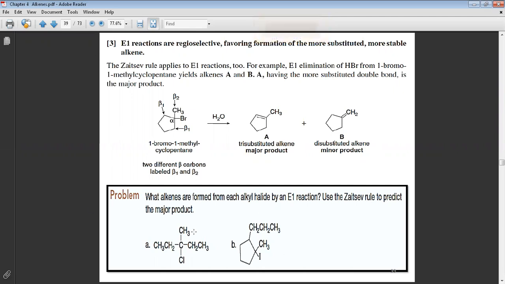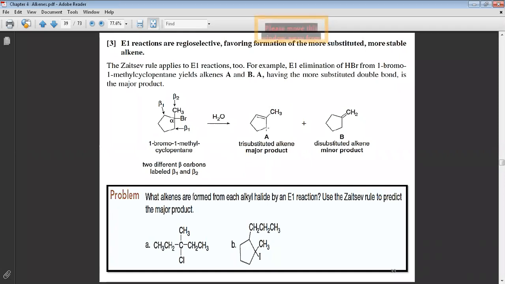Look at the double bond. This double bond has an R group, and this one has a number of alkyl groups.